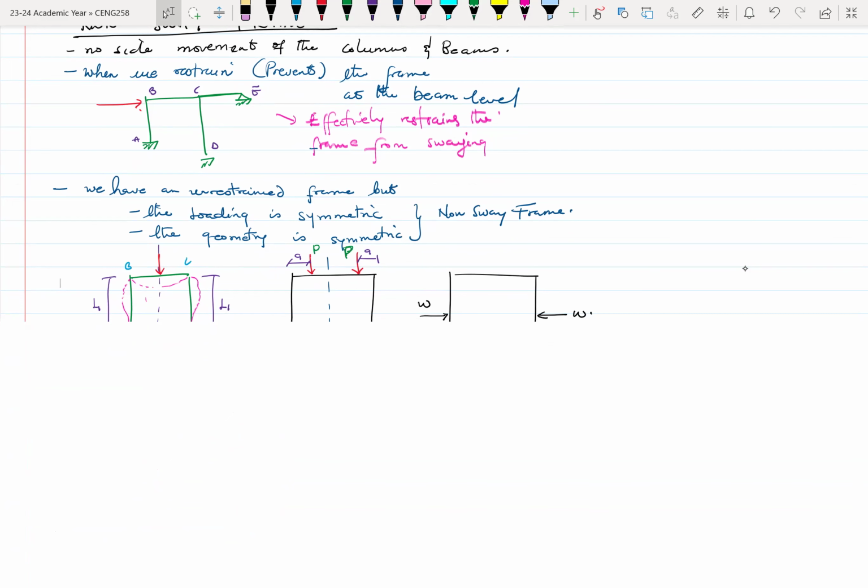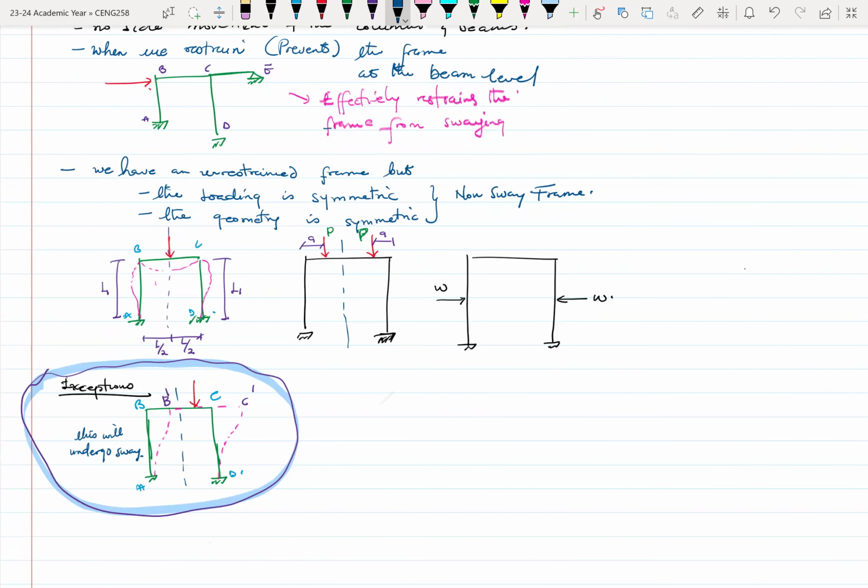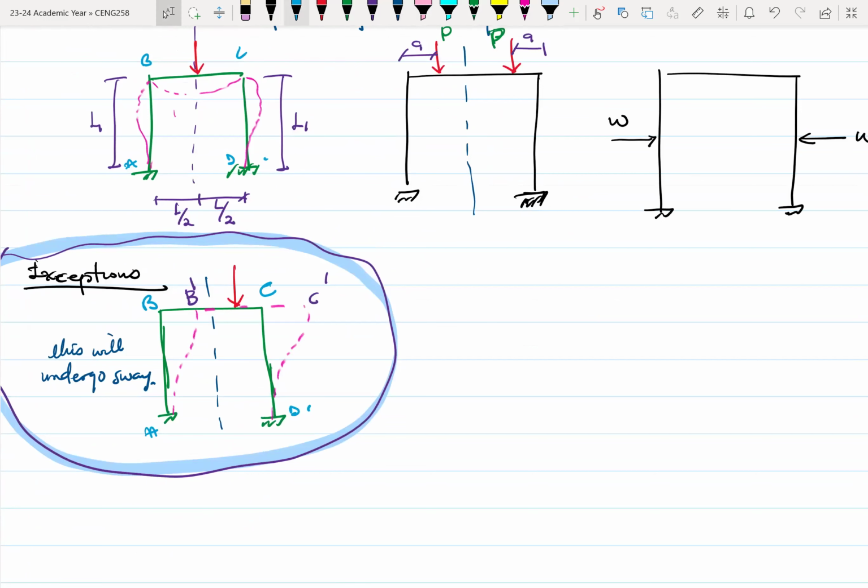So again, when there's sway, it means that there would be some unknown displacement delta, which we would need to find, right? And because there's sway, it also means that we would have the chord rotations, phi 1 and phi 2.